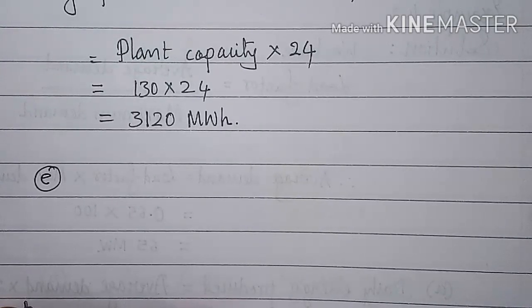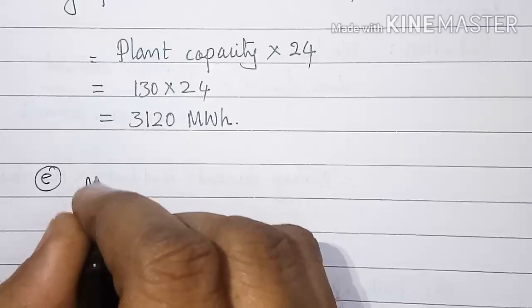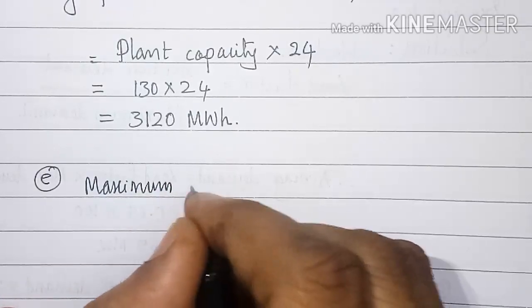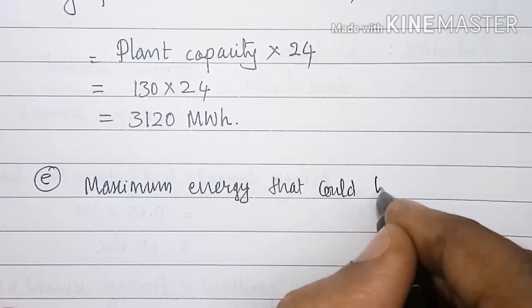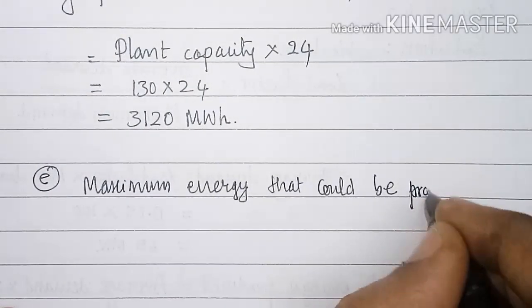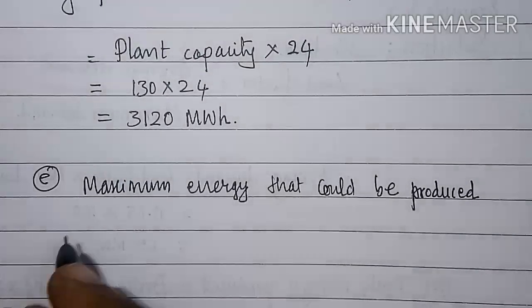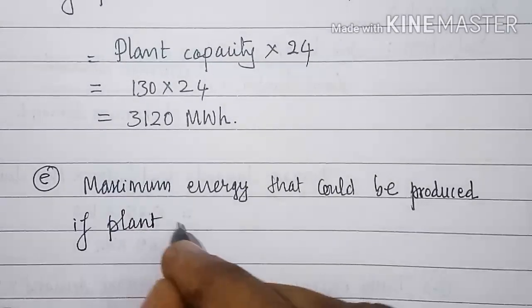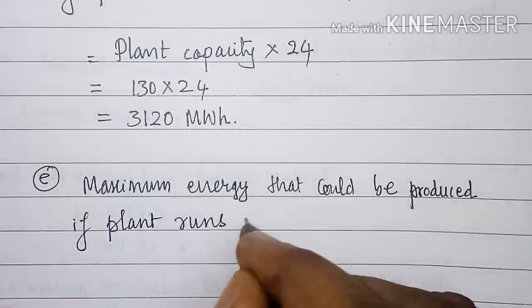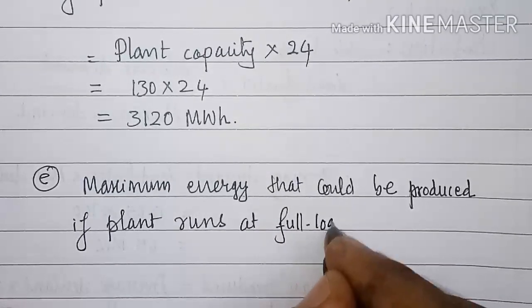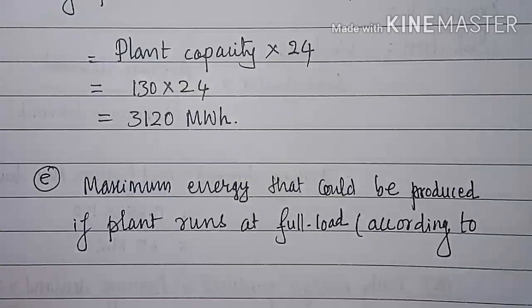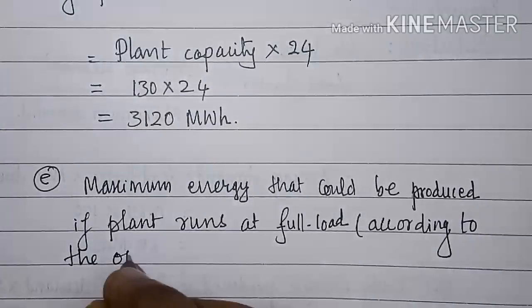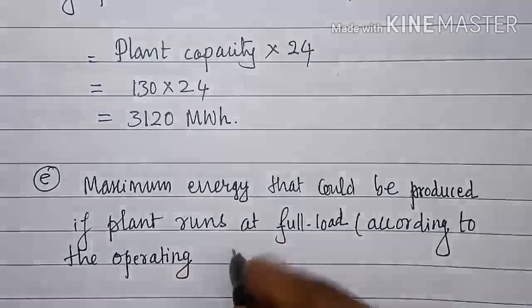Next, we have to calculate maximum energy that could be produced if plant is running at full load according to the operating schedule.